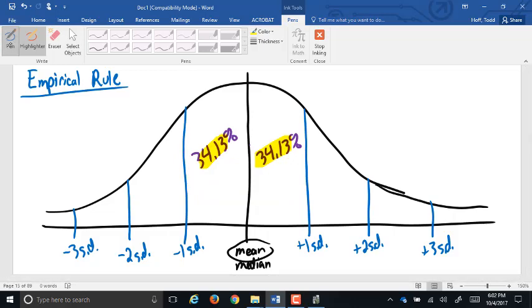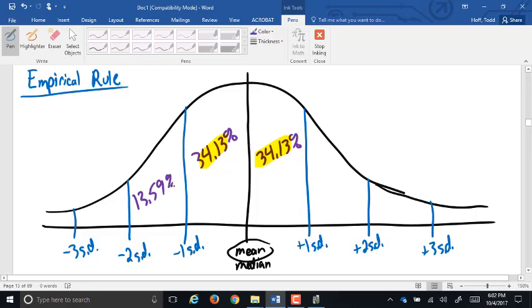Between 1 and 2 standard deviations on each side is 13.59%. And then between 2 and 3 standard deviations on each side is 2.15%.